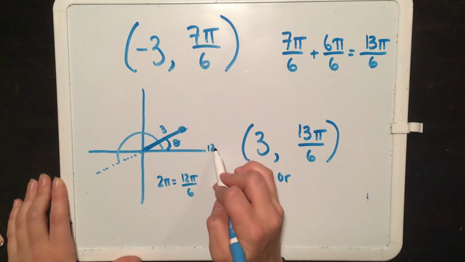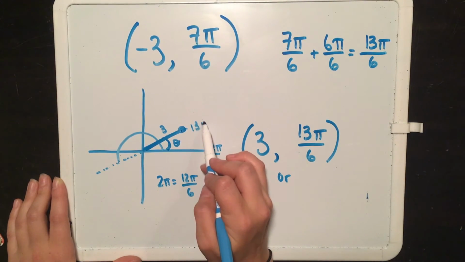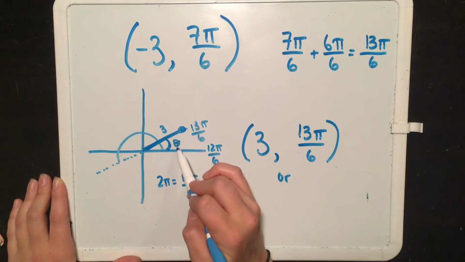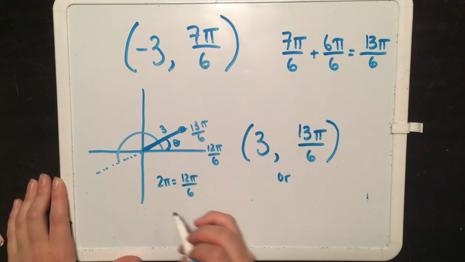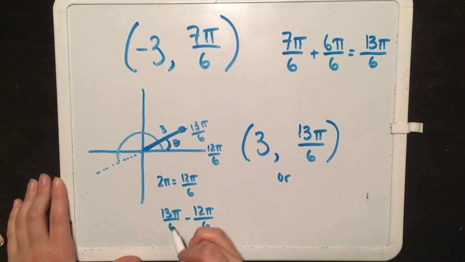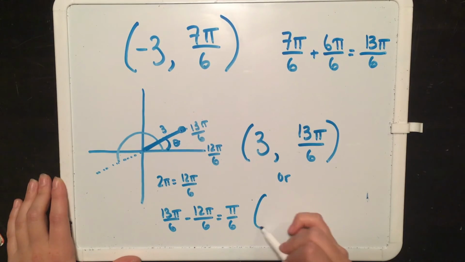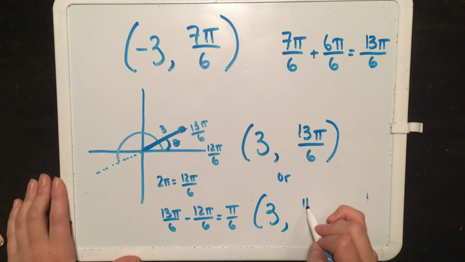So if 12 pi over 6 is right here, and 13 pi over 6 is over here, the angle that forms between them is just the difference. And 13 pi over 6 minus 12 pi over 6 is just 1 pi over 6. So that is another solution to a coterminal coordinate.